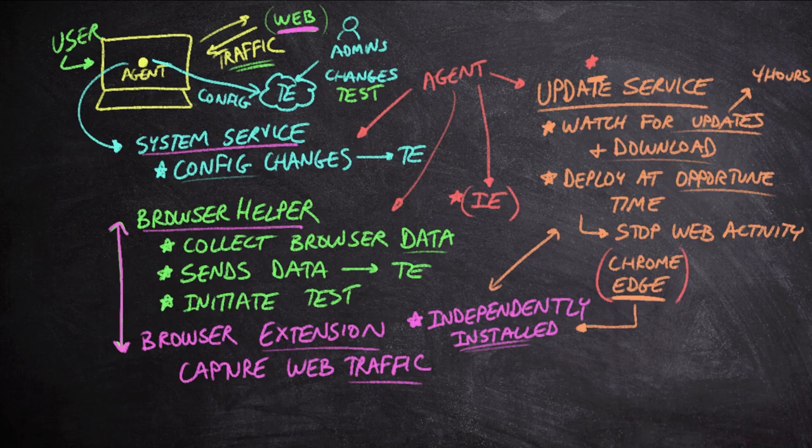However, when it comes to Chrome and Edge, because they're independently installed, they will also be independently upgraded. And they'll be upgraded via their independent stores. So think about the fact that Chrome and Edge, they both have plugin stores, extension stores that we can log into. We can see all of the different extensions that are out there.